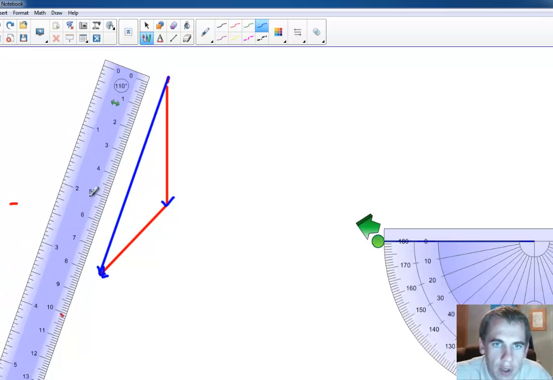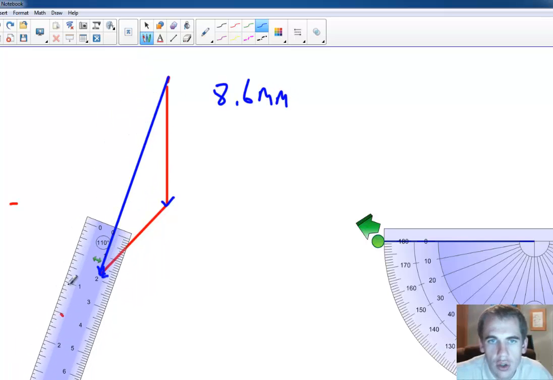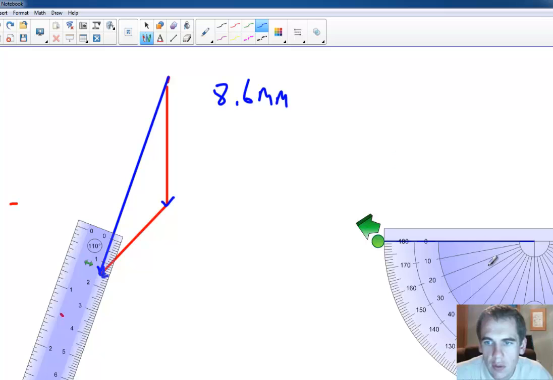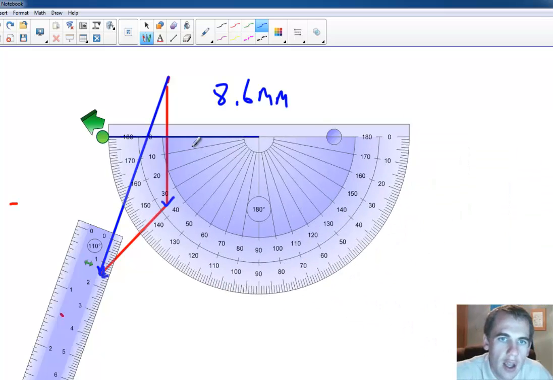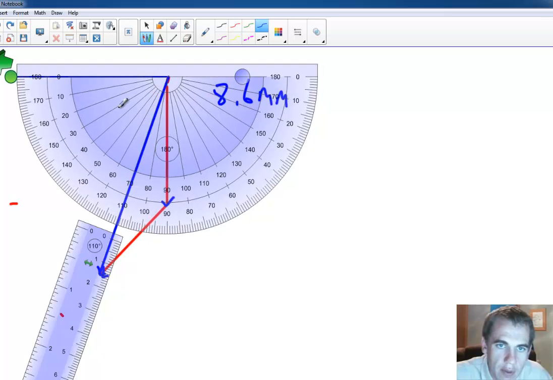And so what I get is this vector, and if I want to know its magnitude, all I have to do is measure it. It looks like it's about 8.6, so 8.6 millimeters. If I want to know the direction, all I have to do is measure this vector again. So I'll grab this, bring it back over. Since I know that was south, I can measure this.